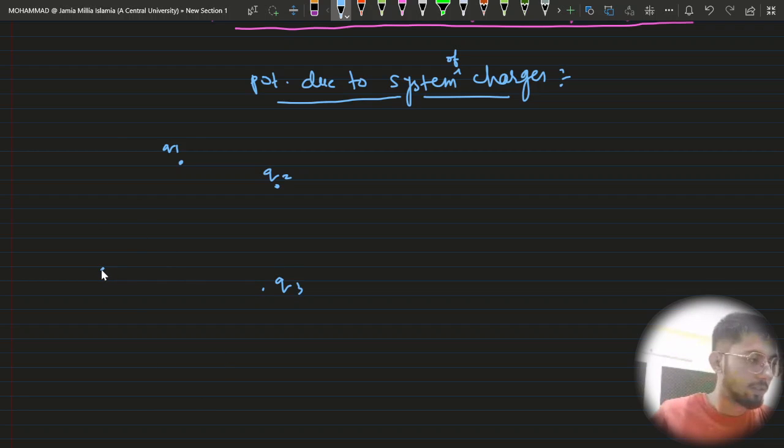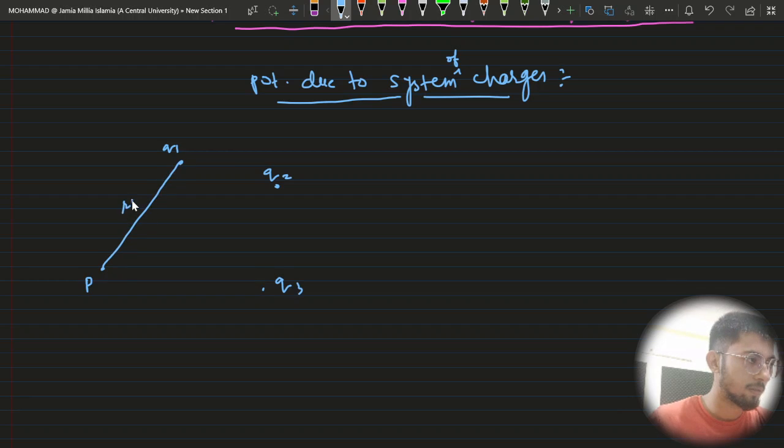We want to find the potential at some point, any point, let's say this point P. What we do first is draw vectors from each one of these charges to this point P.